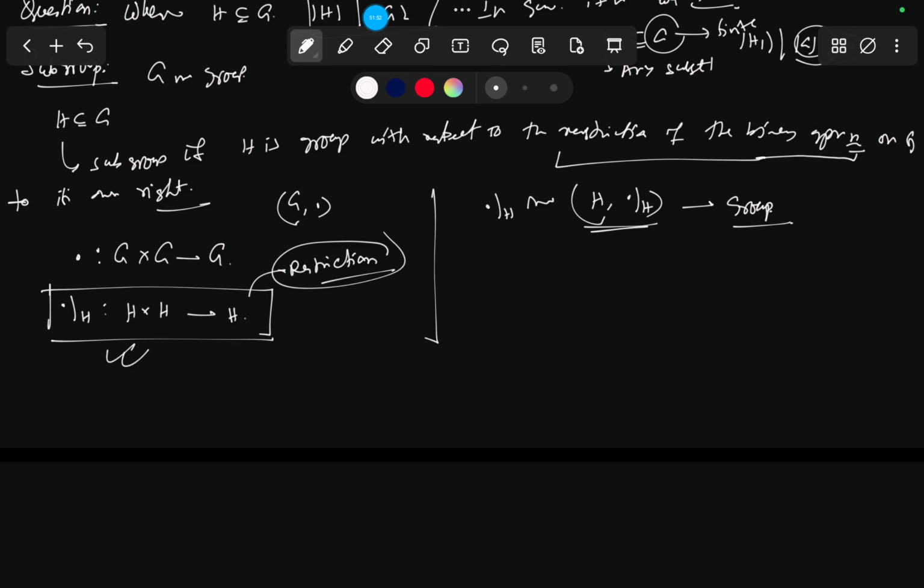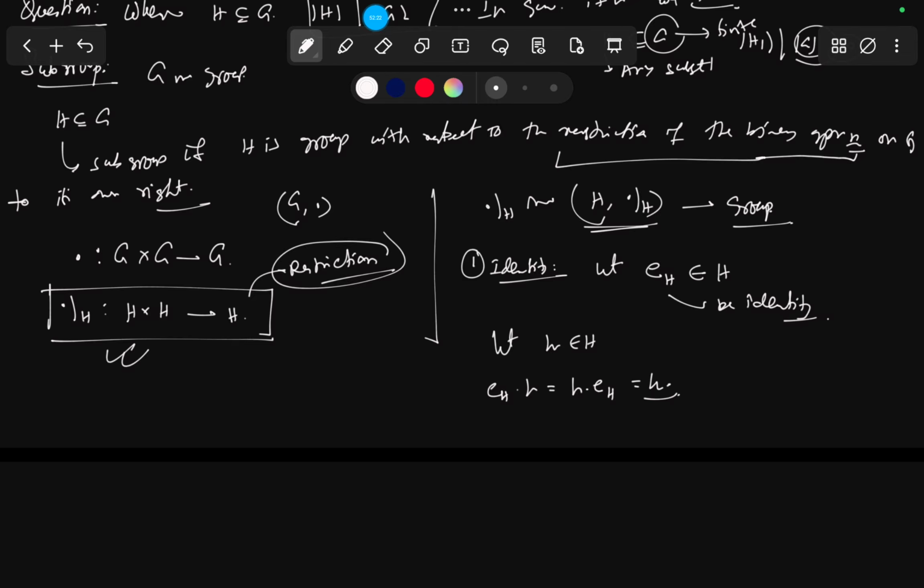Now the question may appear: what is the identity? So let e_H belong to H be its identity. Okay. Now let small h belong to capital H be an element. So we have that e_H times h, or h times e_H, is h, right?